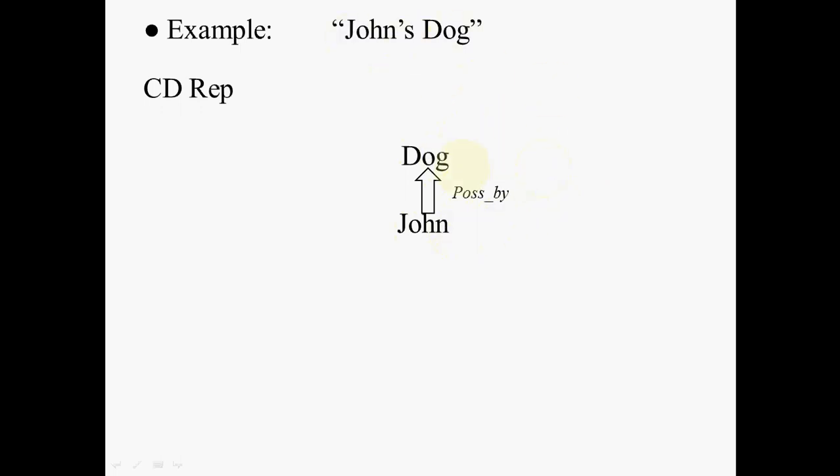So John's dog means this PP, that is dog, is possessed by John. Here dog is a different PP, John is a different PP, and possessed by is the relationship established between dog and John. The dog is possessed by John. John is the owner of the dog.